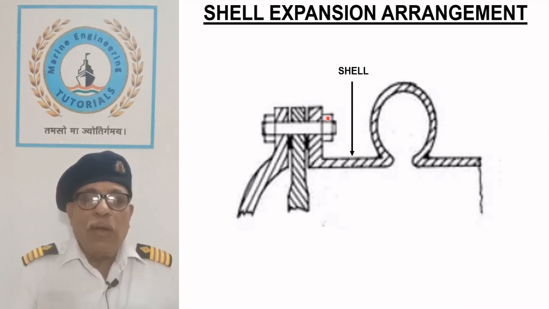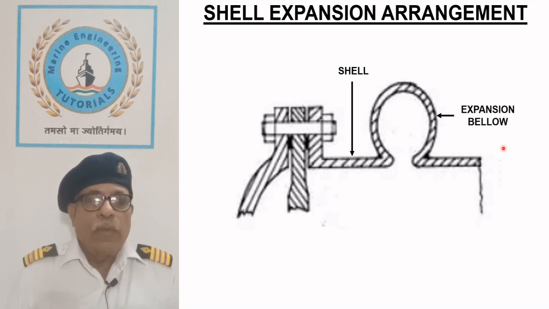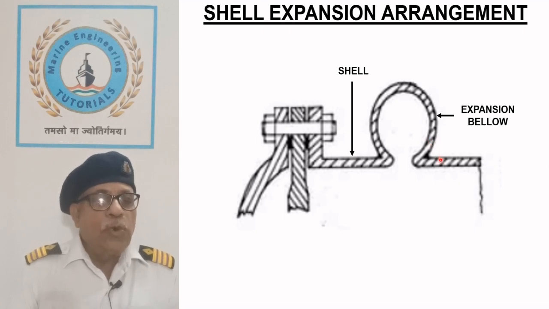The central part of the shell is split in two or three sections, either at one or both ends, with a small gap to provide expansion. An expansion bellow, as shown, is attached between the two sections, which provides expansion or contraction allowance to the shell.